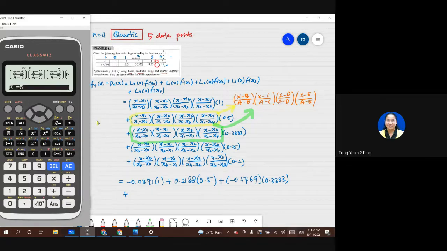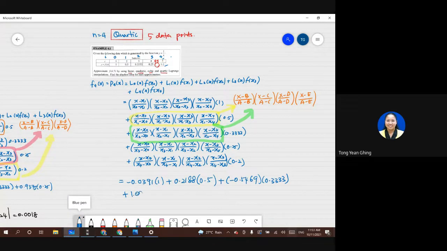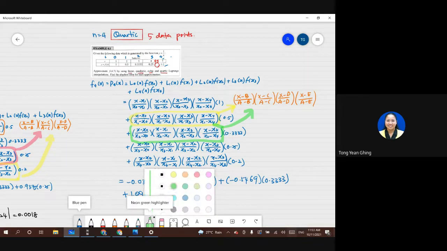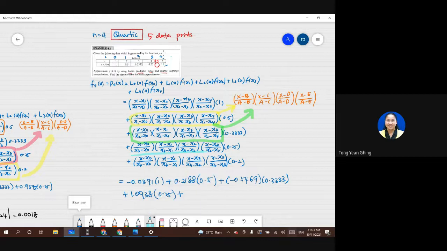And then e is x4, so x4 is 5. Correct already. So we get 1.0938. 1.0938 times 0.25, and then the last one I'm also getting confused, so we have to refer to this one.